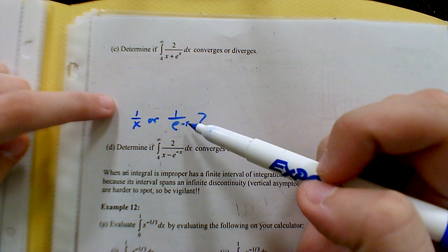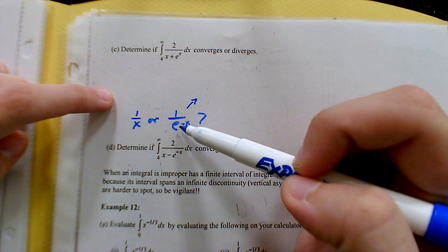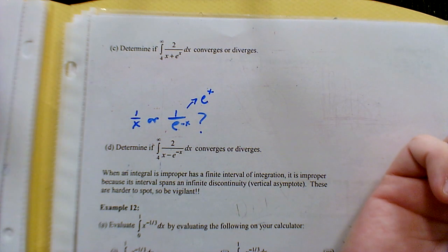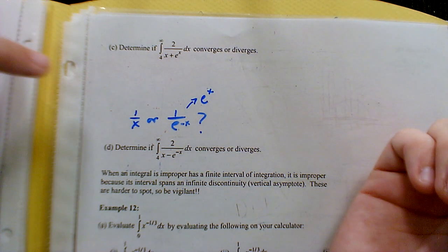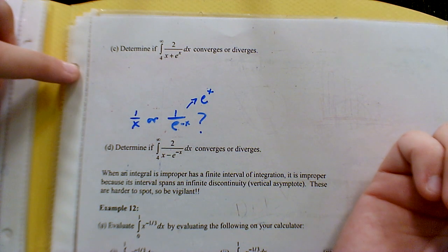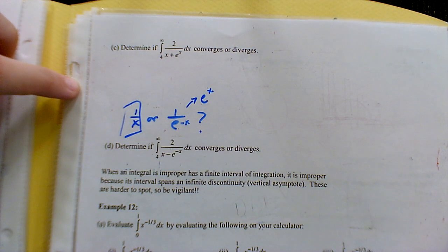And for 1 over e to the negative x, we could move that up top and make the power positive. That's technically e to the x itself. So maybe we can figure out what either one of these does, meaning converge or diverge in terms of its area. Let's tackle 1 over x first.